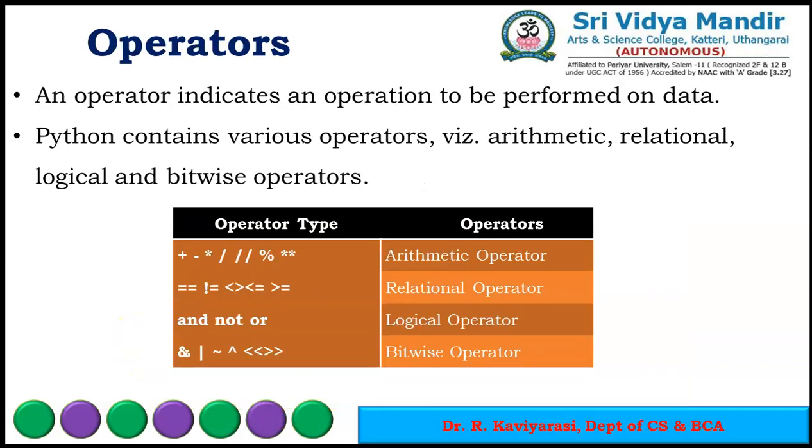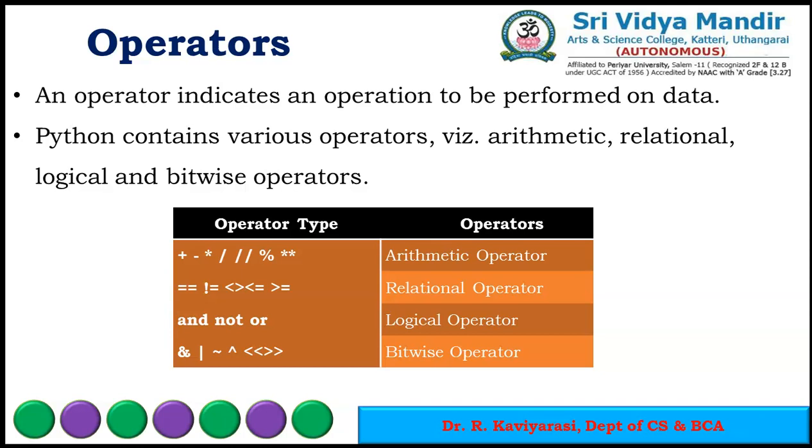The next type of token is operators. Operators are symbols that are used to perform certain mathematical and logical operations. Python supports various operators such as arithmetic, relational, logical and bitwise operators. Arithmetic operators are symbols used to perform basic arithmetic operations such as addition, subtraction, multiplication, division, modulus, exponential, floor division.